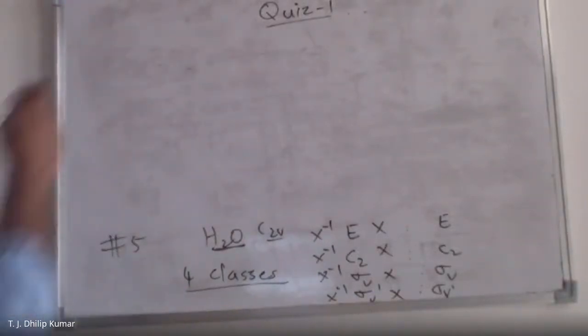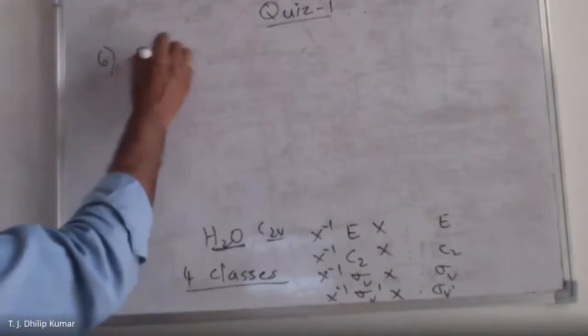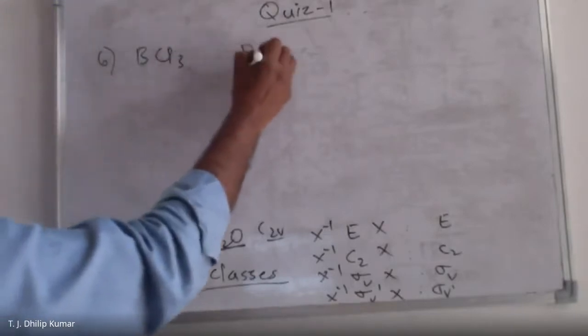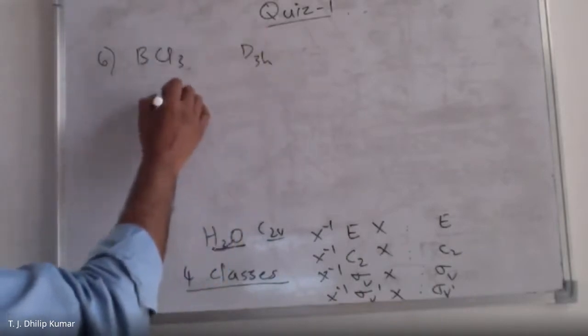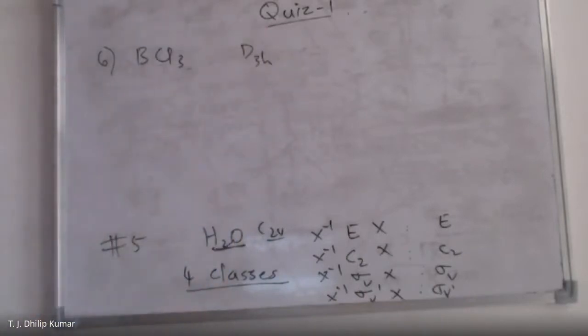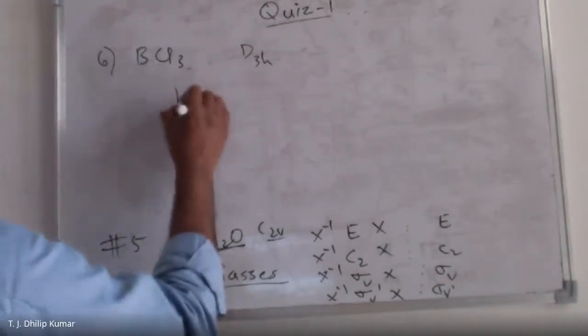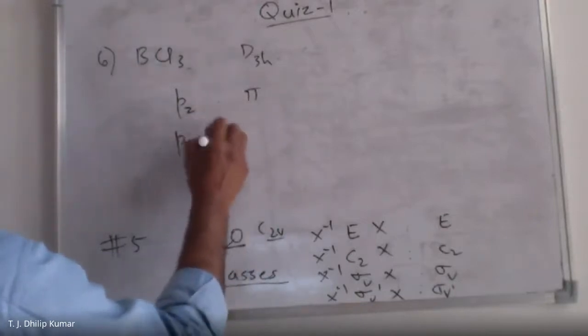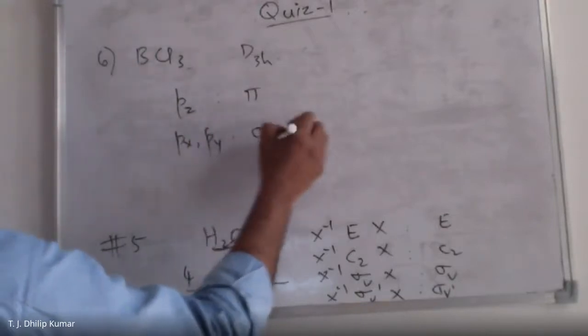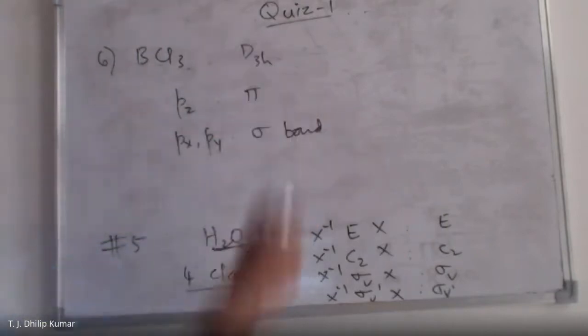So sixth one is the BCl3 molecule. I think we have done this in the classroom. So basically it is the same one I have just given. Those who have done it, the pz orbital corresponds to pi, and then px, py correspond to the sigma bonds of BCl3.